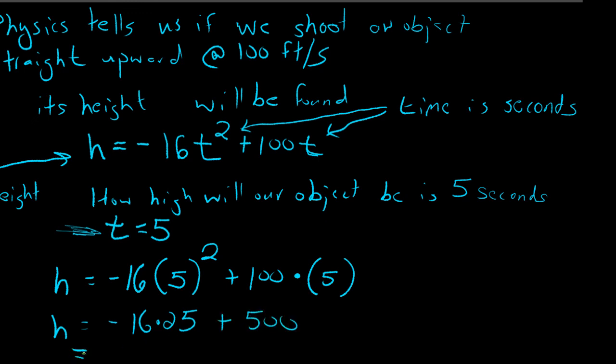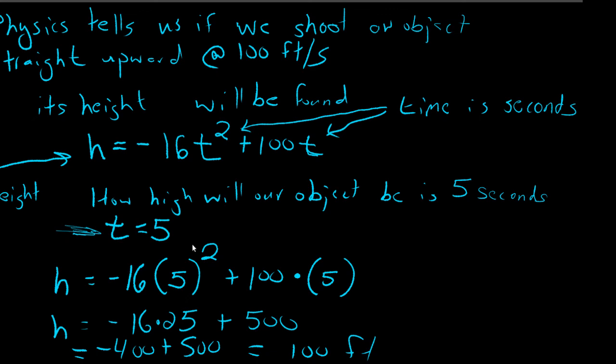I cannot do this without a calculator, even though I have the answer in the book. So I get negative 400 plus 500, or 100 feet. And so the object will be 100 feet above the ground. And this is what evaluation lets us do. It lets us measure things coming across.